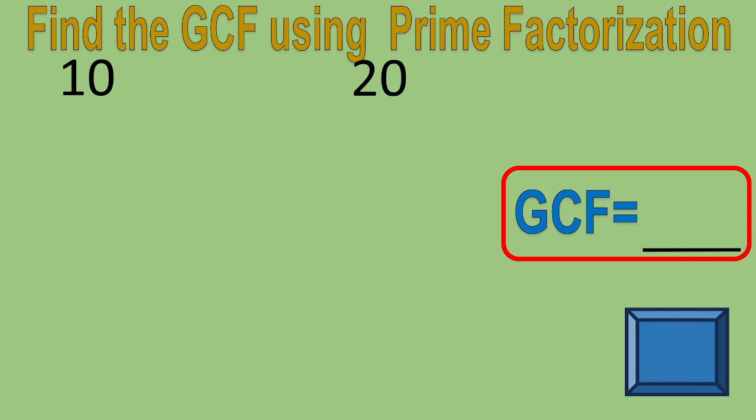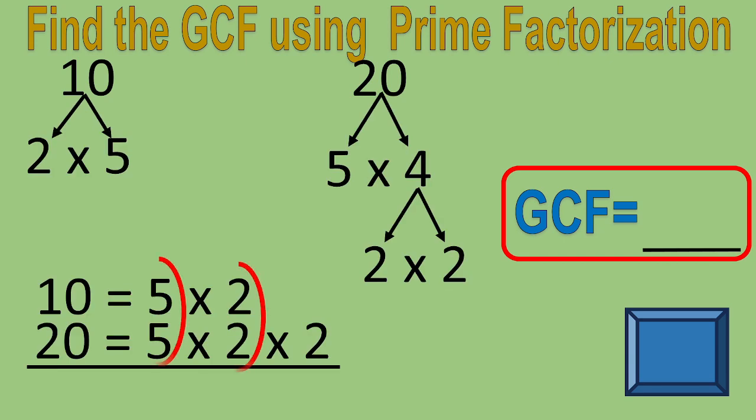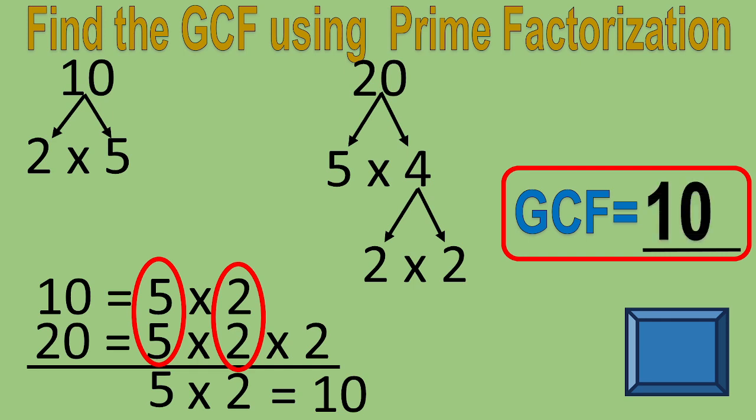Time's up! So, the common prime factors are 5 and 2. So, 5 times 2 equals 10. So, the answer is 10.